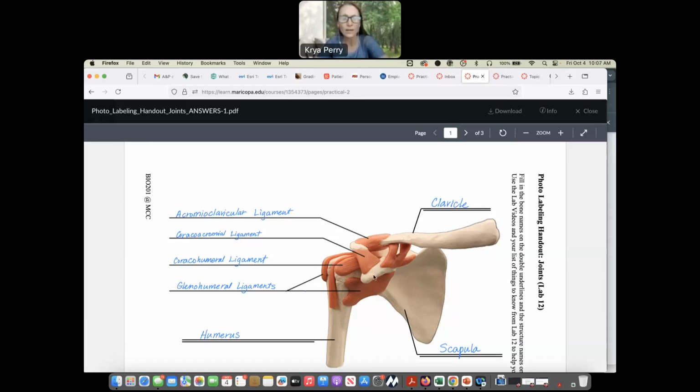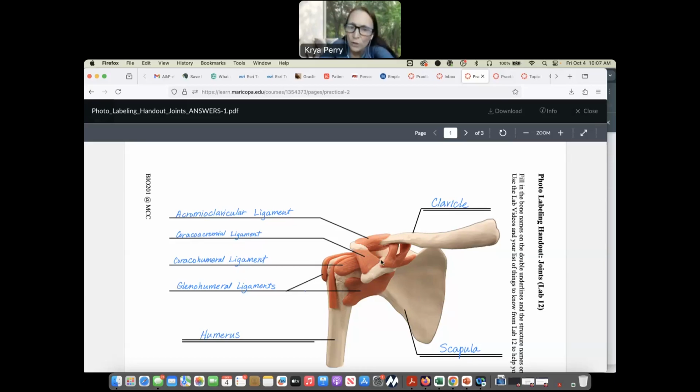and then you know their name. This one's a little bit harder to see because it's hard to see that it's attaching at the base of this bone right here. Sorry, I was pointing to the coracohumeral one here.